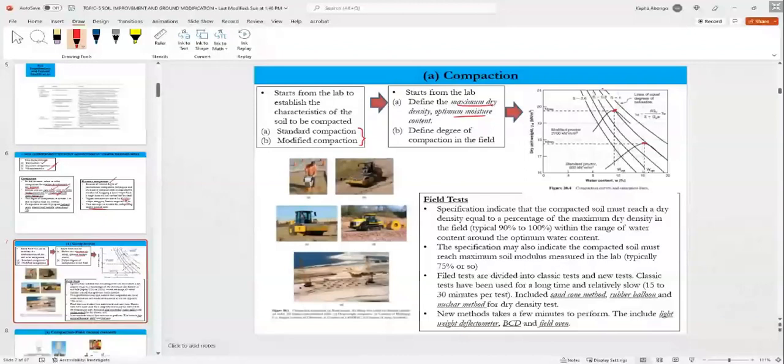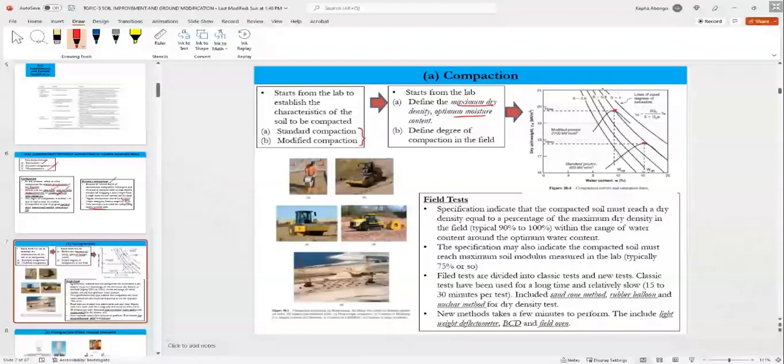We will also specify plus or minus, I think, 2% in moisture content. Once we have compacted in the field, we need quality control to check that we were able to achieve the target that we had set.